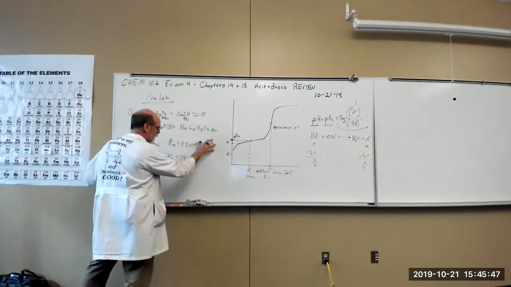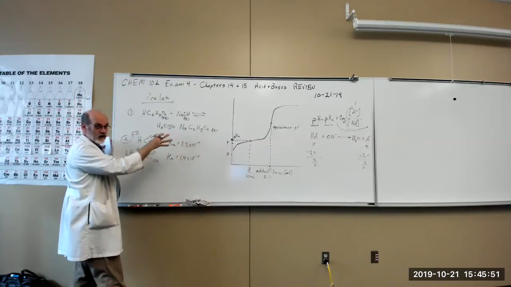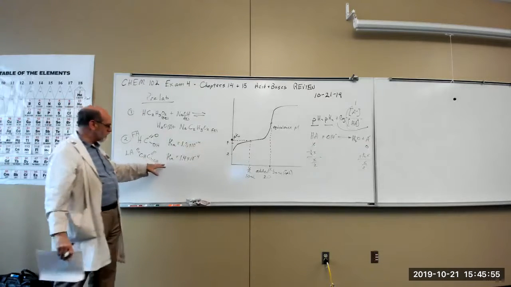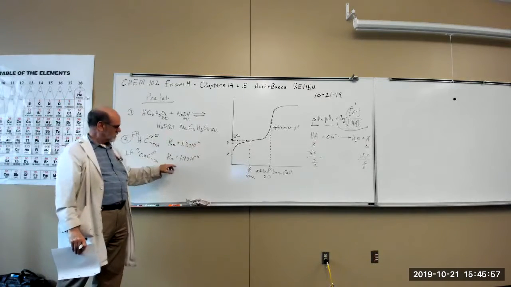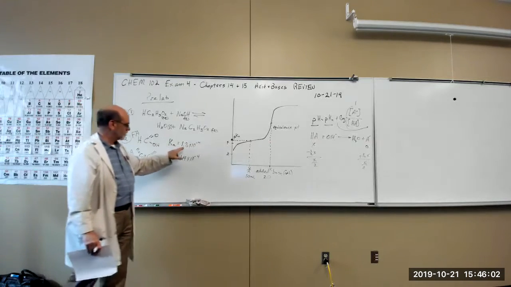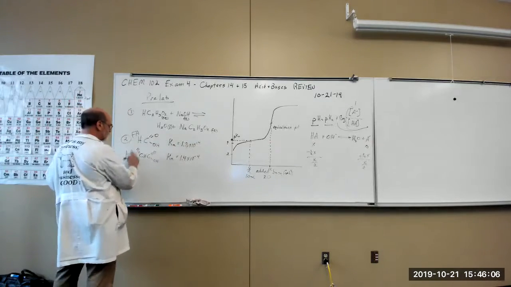So the bigger this side means stronger, which means this value has to be larger. So the largest value is the stronger acid, right? Did you say formic? Yeah, that's right. So formic acid is the stronger.